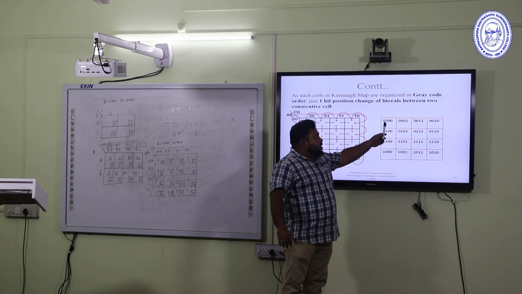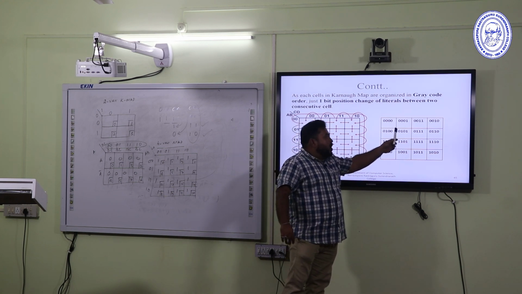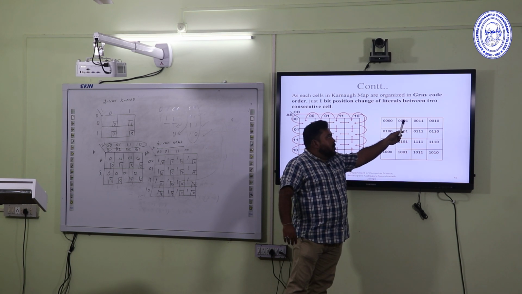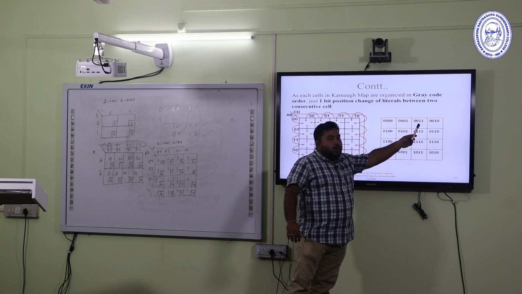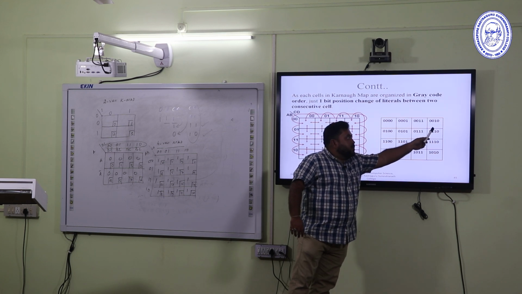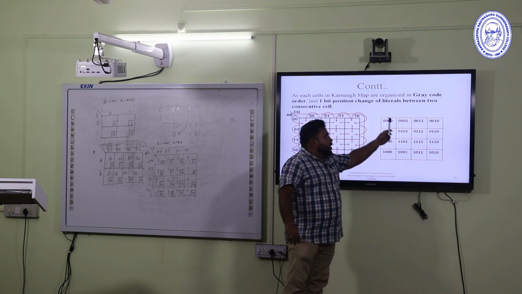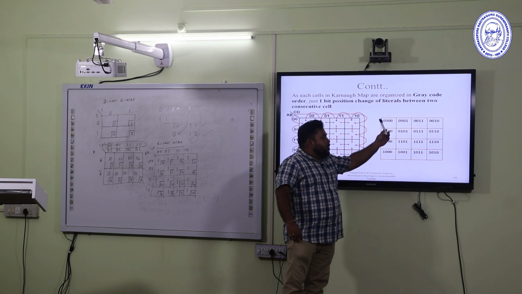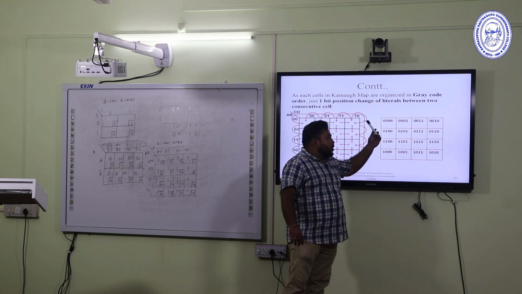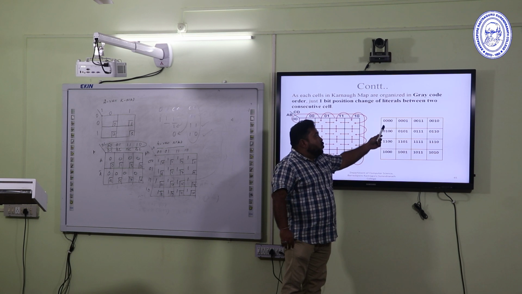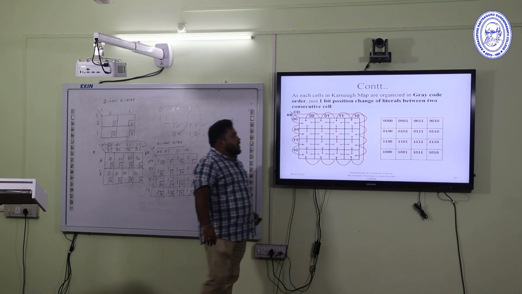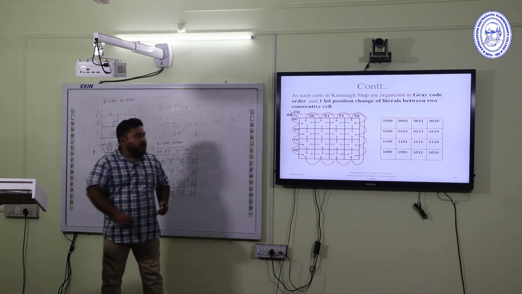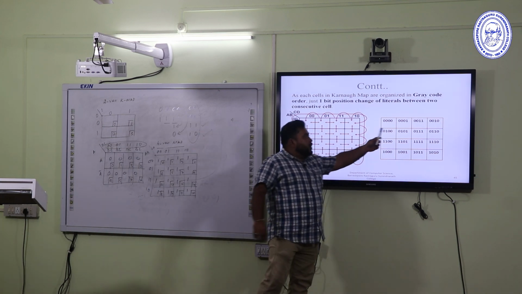Look at that, the one bit change is 1. From that, one another bit change, that is 1, and one another bit change is 1, 0. That means in row wise or column wise, just one bit has been changed, nothing else. So in that case the Hamming distance among two cells is 1.